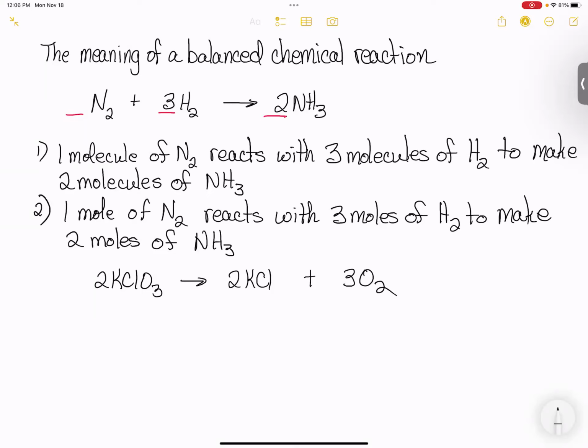And just like before, when we start talking about moles, now we're talking about 6.022 times 10 to the 23rd of them. So we're talking about 6.022 times 10 to the 23rd molecules of nitrogen reacting with 3 times that quantity of hydrogen to make 2 times that quantity of ammonia. The use of this idea of mole is much more useful in chemistry because then we're talking about things that we can actually manipulate.